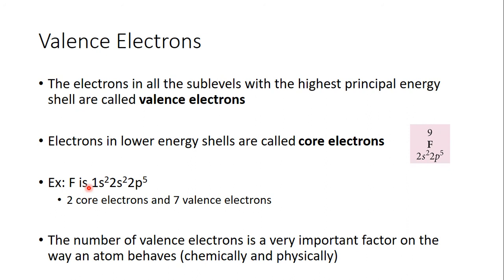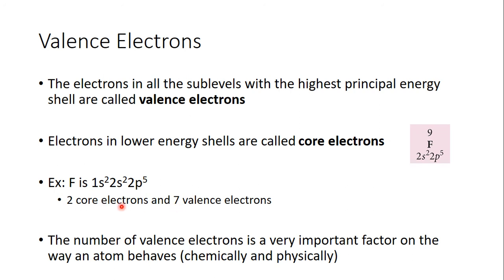So if we look at fluorine, which is 1s2, 2s2, 2p5, you'll notice the highest energy level here is 2. And when I'm counting valence electrons, that's what I care about. So how many electrons are in the highest energy level? Well, we have 2 plus 5 equals 7.